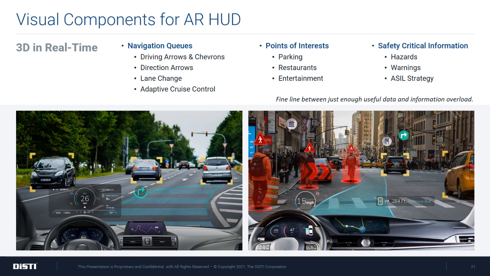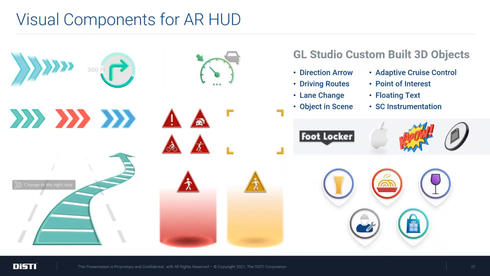The other one, if you're ready for it, can still be extremely beneficial, but there is really a fine line between information overload and just enough information to be able to give the driver to say, here's a few critical things that you need to be able to consider at this moment while you're driving. And so these different types of 3D components really depend on what your design strategy looks like.